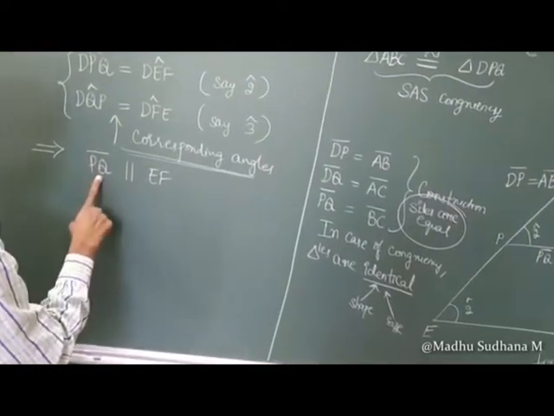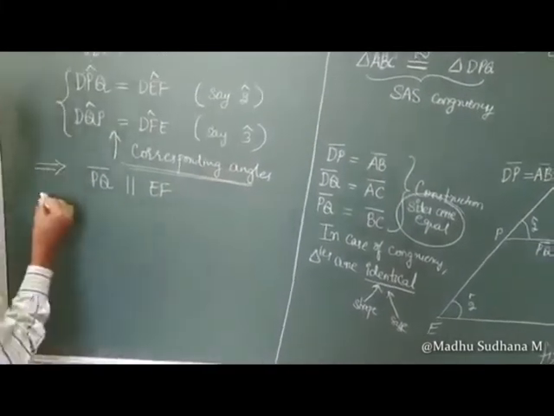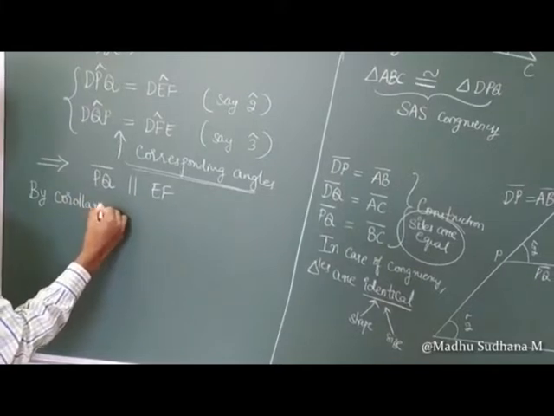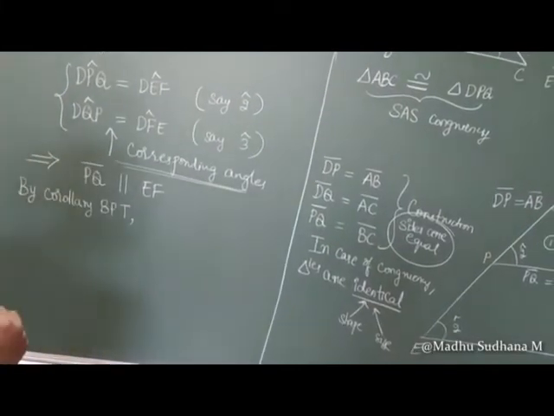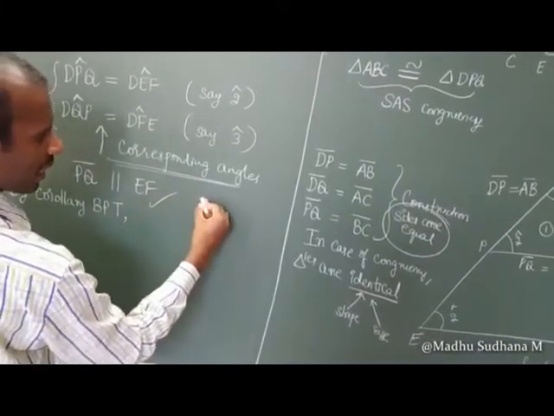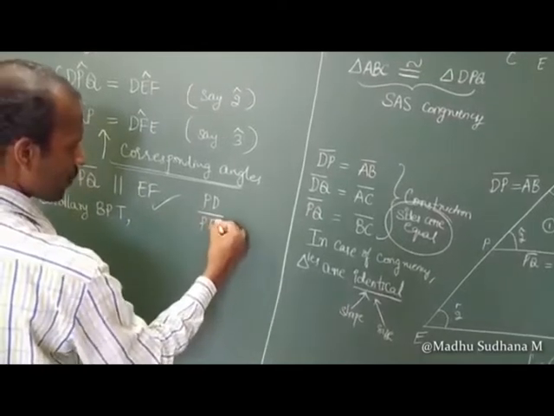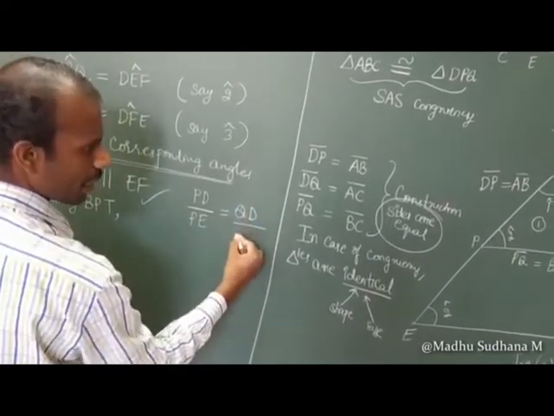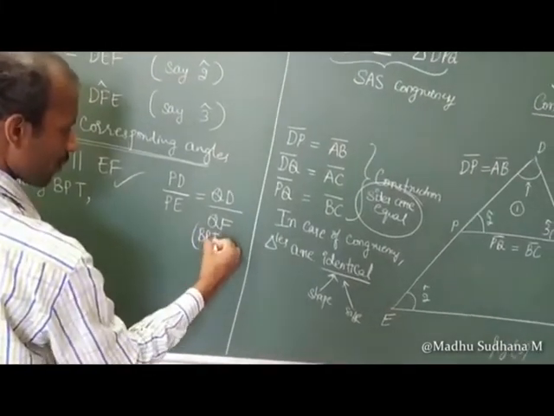So when a line is parallel to one side in a triangle, by corollary BPT, can we say that, since PQ is parallel to EF, can I write PD by PE, which is equal to what? QD by QF. So this is my BPT proof, right?